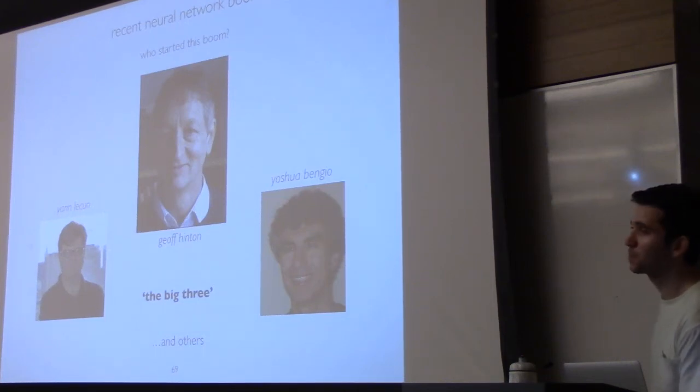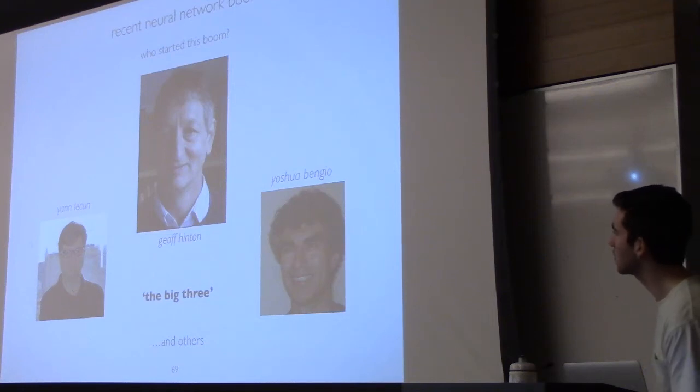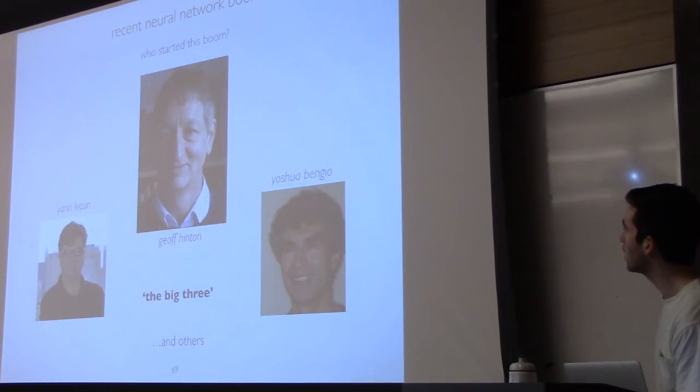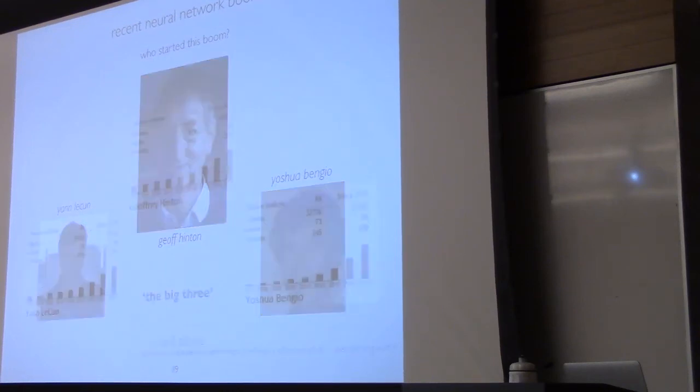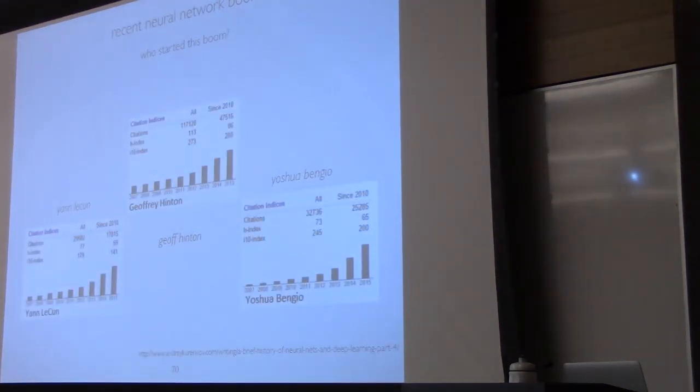Yann LeCun developed convolutional neural networks. He's a big shot. He's the head of AI research at Facebook. And Yoshua Bengio is a researcher at the University of Montreal, and he's pretty much a big shot as well. Their citation numbers have been growing exponentially since deep learning became a big thing.